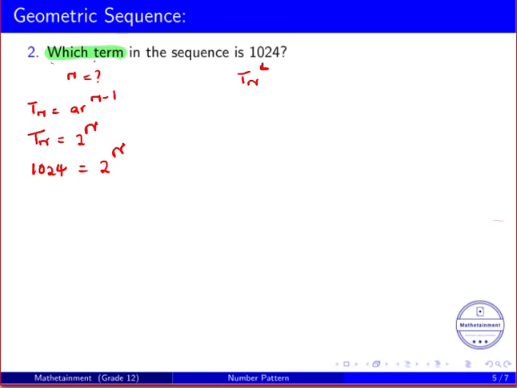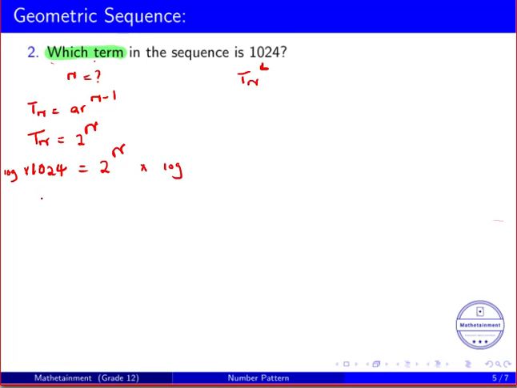But here, since we have 1024 as a huge number, it makes things difficult for us to write 1024 in terms of 2 to the power of something. You understand? So that is why I just decided to go and borrow this logs function. I introduce my log on my left hand side and on my right hand side.